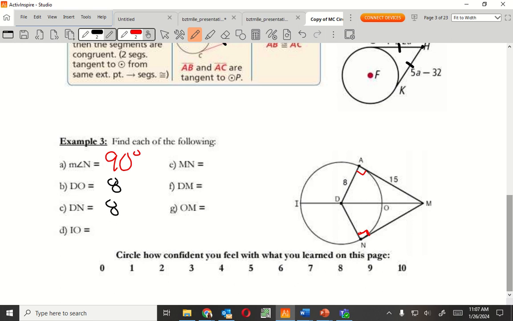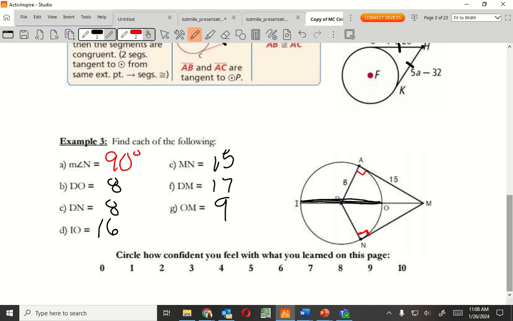IO? 16, from I all the way to O. See, trick question, right? Because we have two radii together, which makes my diameter. Good catch. MN? 15. DM? 17. OM? 9. There we go.